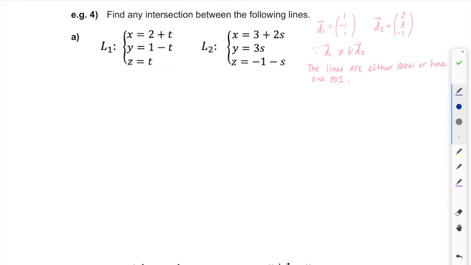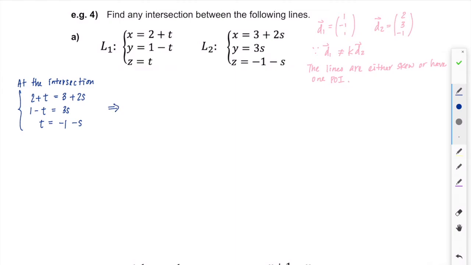So assuming they do intersect, we can say that 2 plus t, the x, is equal to 3 plus 2s. 1 minus t is equal to 3s. And t is equal to negative 1 minus s.